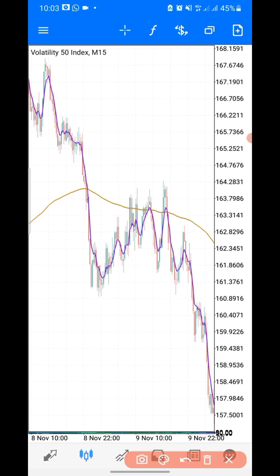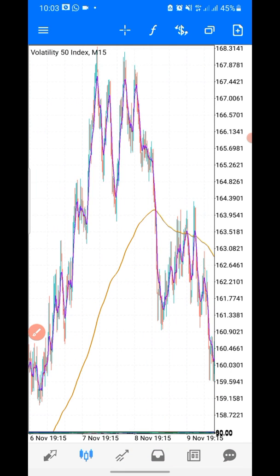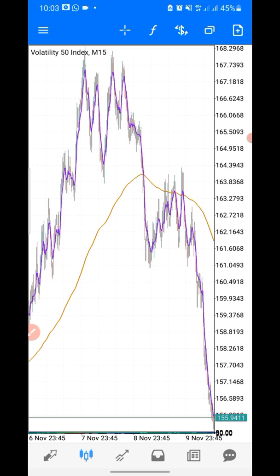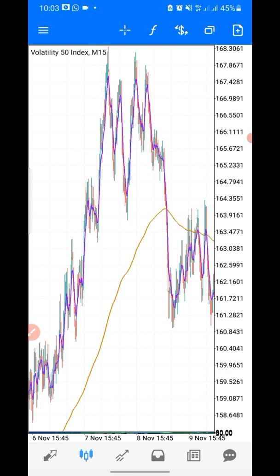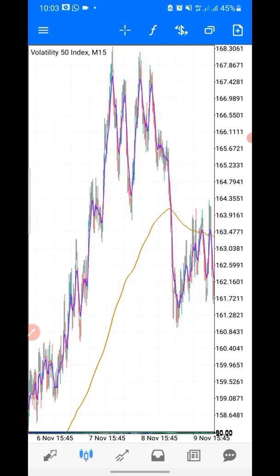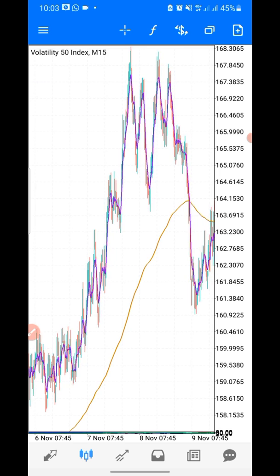We take our entry and place our stop loss at this level. So our entry will be here, our stop loss will be here, and then our take profit level, like I said before, we're going to use the next low. If we're selling, we are going to use the next low, and it happens to be here.